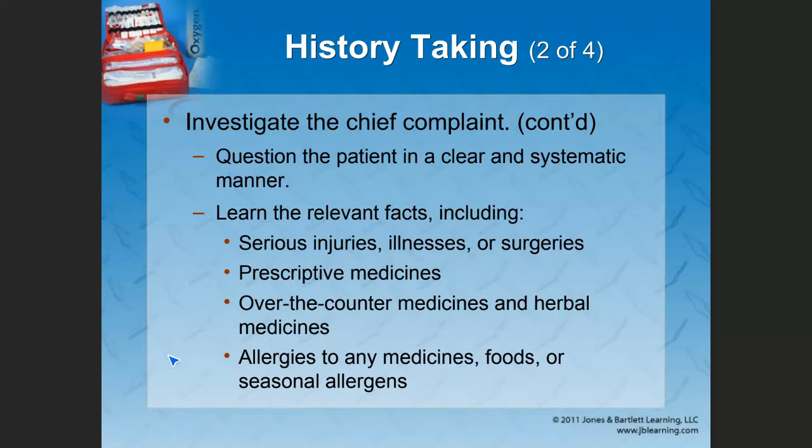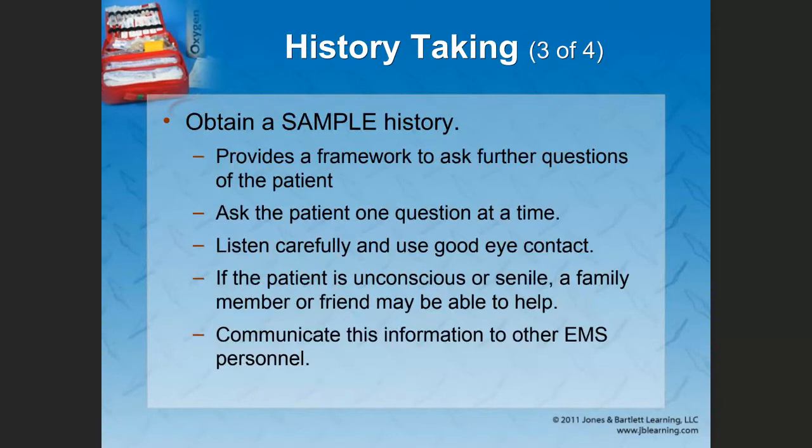Learn the relevant facts, including serious injuries, illnesses, or surgeries. Is the patient on any prescriptive medicine? Is the patient taking over-the-counter medication? Is the patient taking herbal medicine? Is the patient allergic to any medicine, food, or does the patient have seasonal allergies? These are all important questions.